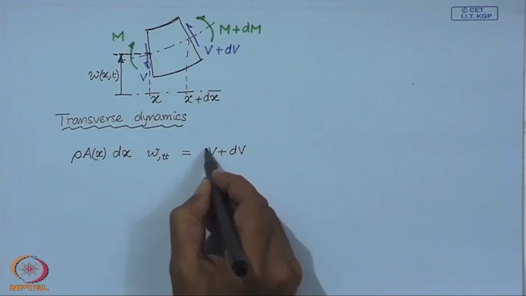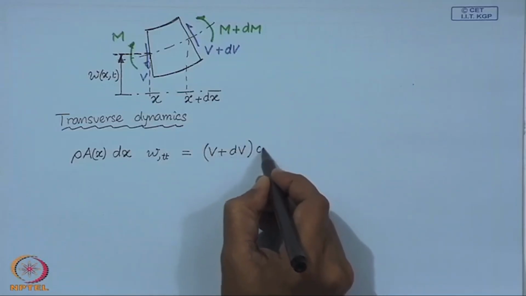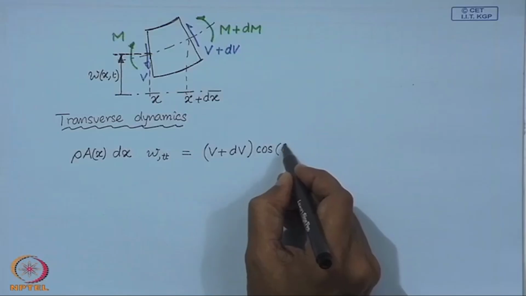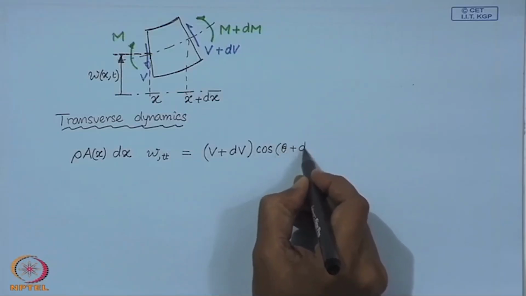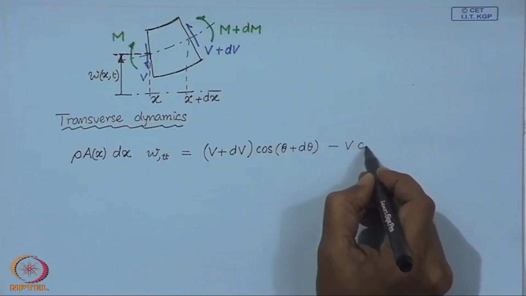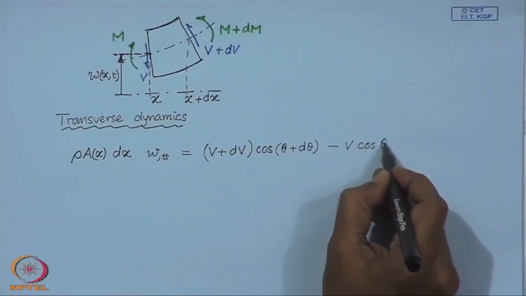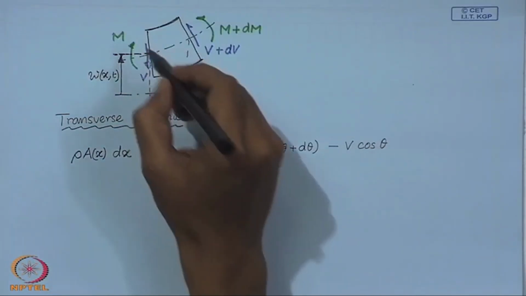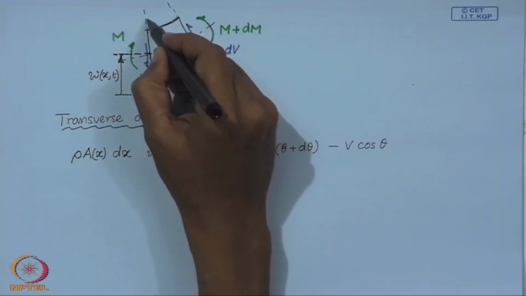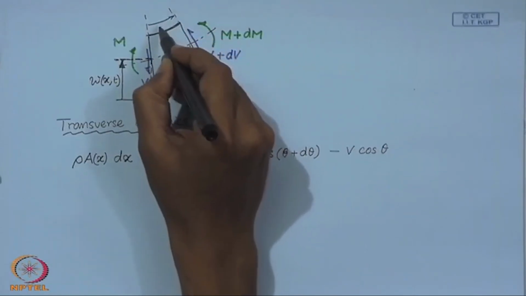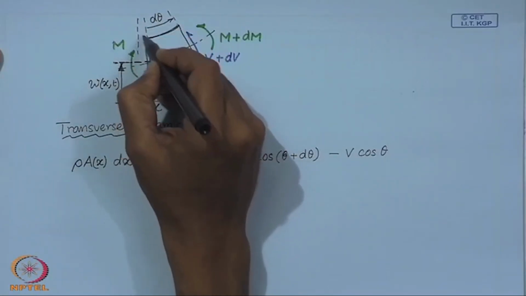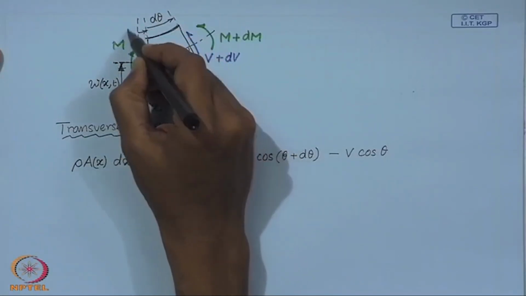I can write, where what I have indicated before. So, this angle is d theta and this angle is theta.